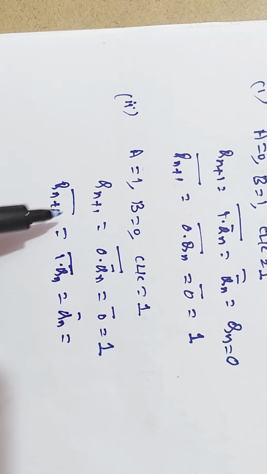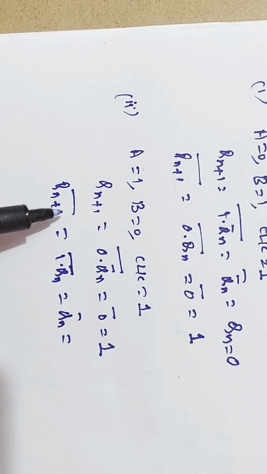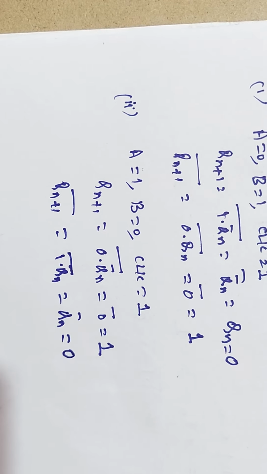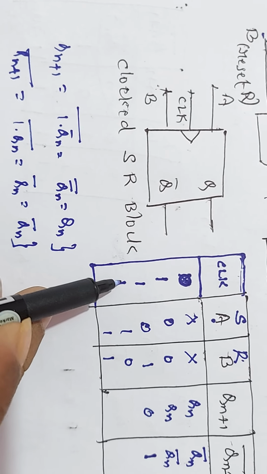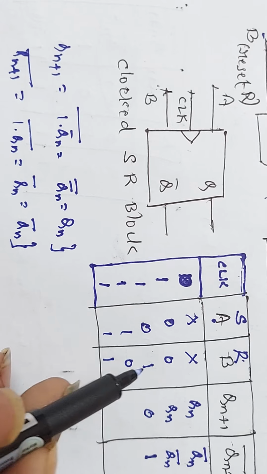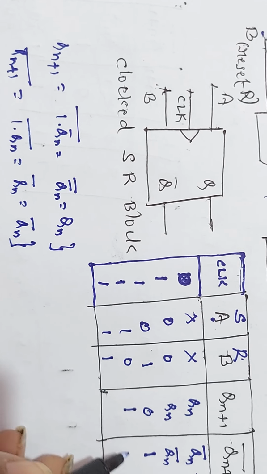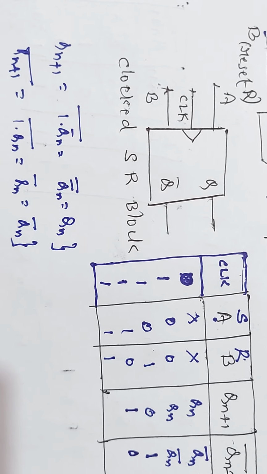And we know that if Qn plus 1 is 1, what should be Qn plus 1 bar? It should be 0. Therefore, it is 0. So, when clock pulse is present, when A equals 1, that is set input is 1, reset input is 0, you get output set. Qn plus 1 is 1, this is 0.